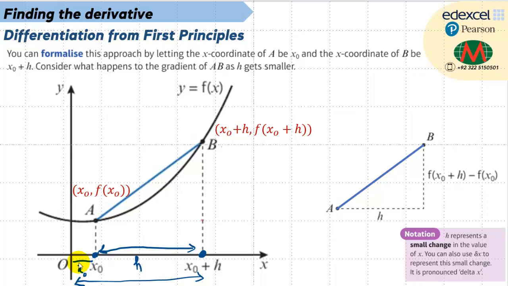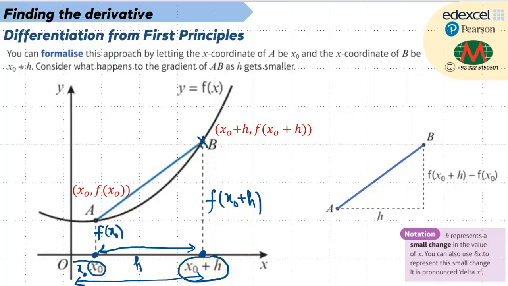Now this is the vertical distance, and because the point is over x naught here, it will be f of x naught. And this vertical distance up till here, because the x coordinate is x naught plus h, will be f of x naught plus h.